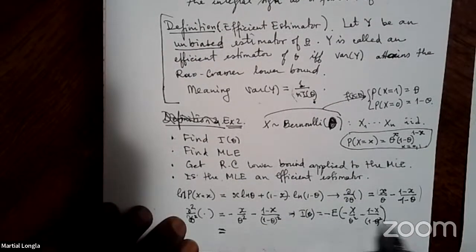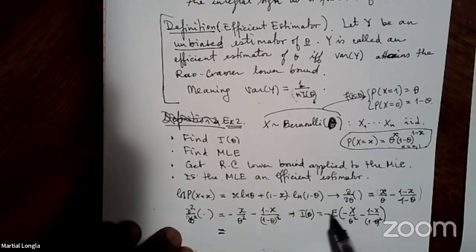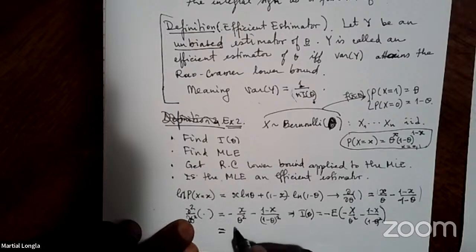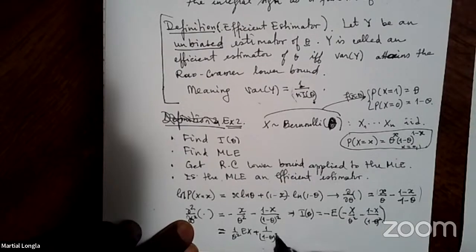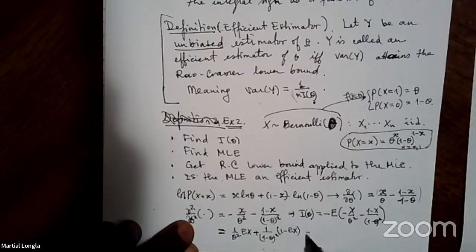When you do that, the minus and the minus cancel. That becomes a plus. So you get 1 over theta squared times the expected value of x, plus 1 over 1 minus theta squared times 1 minus the expected value of x.